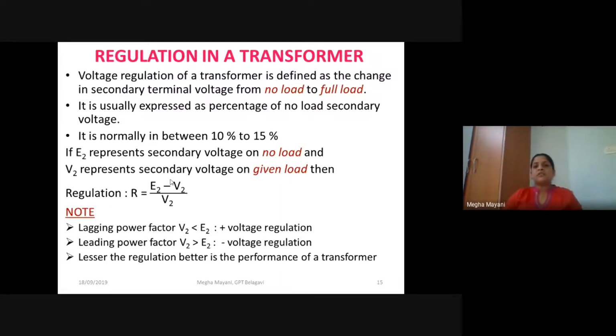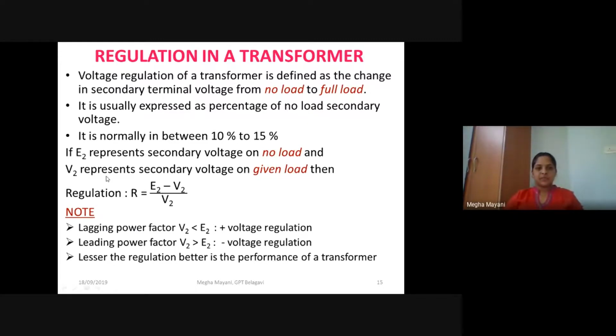This is also usually expressed in percentage. It normally falls between 10% to 15%, and it should be as low as possible for better performance.